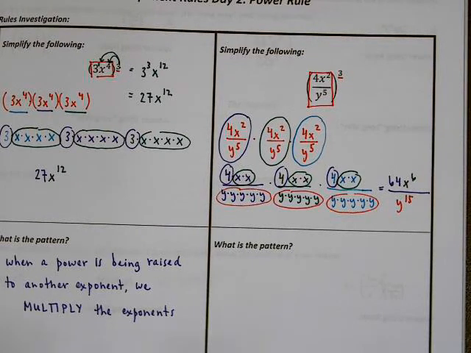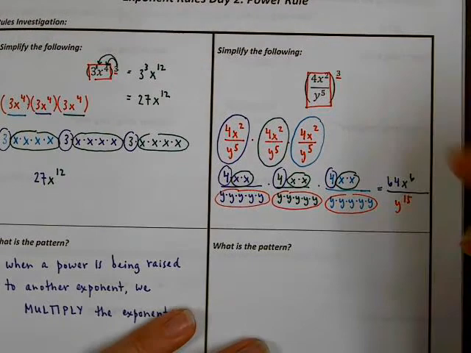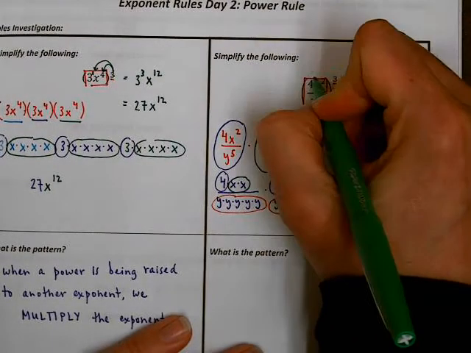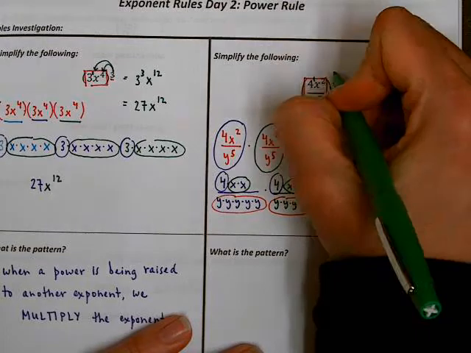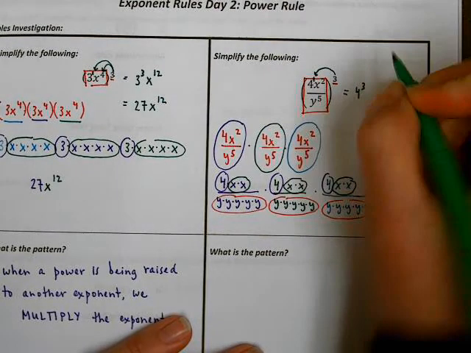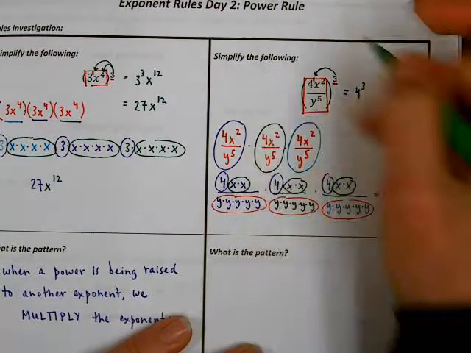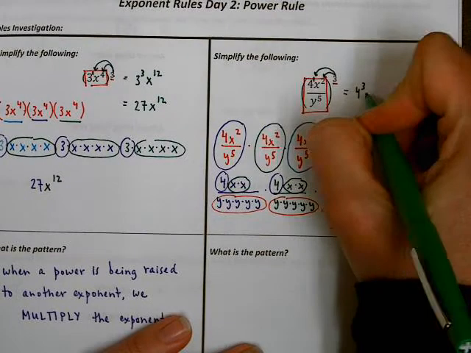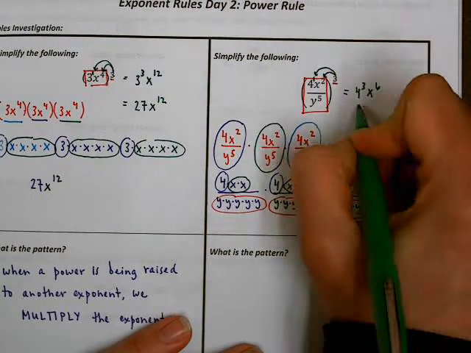So if we kind of go back like we did last time and think about that idea of distributing, I can see the exponent on the 4 is a 1, so 3 times 1 is 3, so I'm going to have 4 to the third. There's no variable there. Now, x has an exponent of 2, so 3 times 2 is going to give me x to the 6th power.